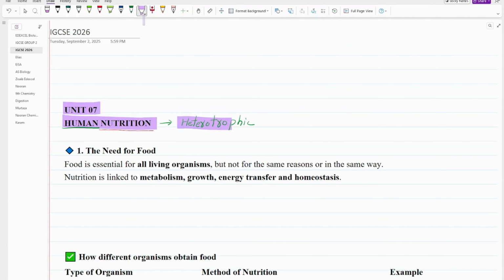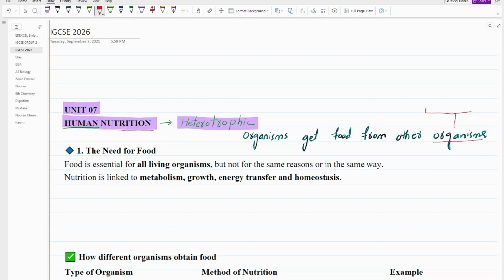And you know what is heterotrophy? Heterotrophy is a mode of nutrition where animals get their food from other organisms. And these organisms could be plants or animals. If animals are eating plants, then they are called herbivores, and if they are eating animals to get their food, they are called carnivores.